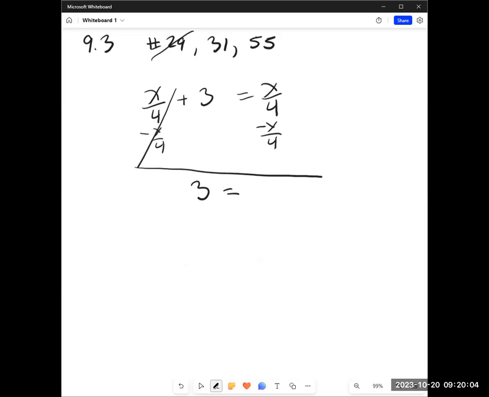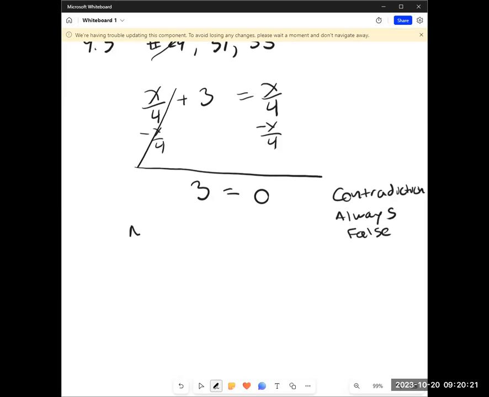X over 4 minus x over 4 is 0, and this is a contradiction because it's always false. So there's no solution to this problem because there's no x value that I can plug in that would make it true.